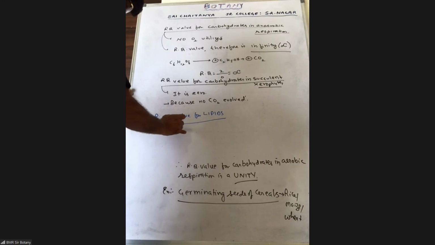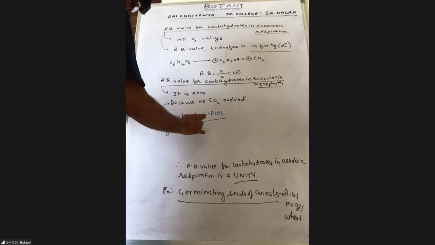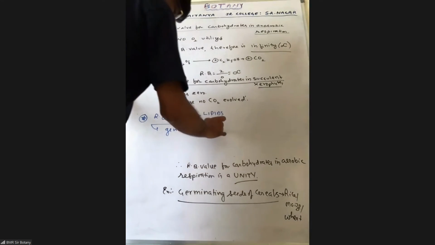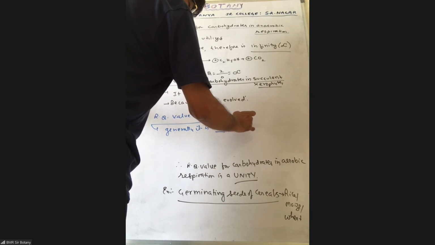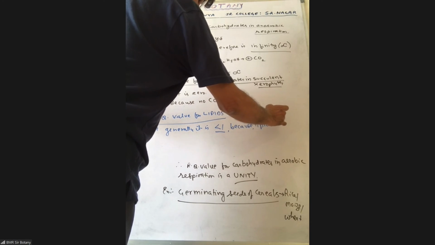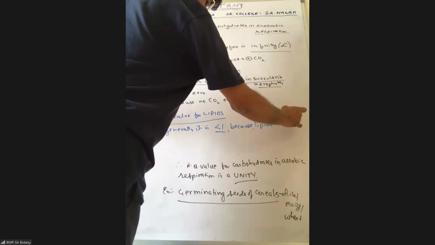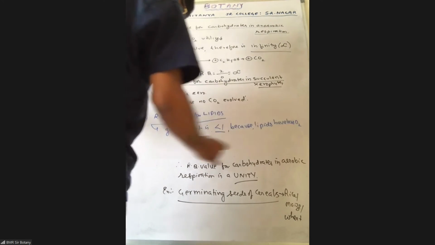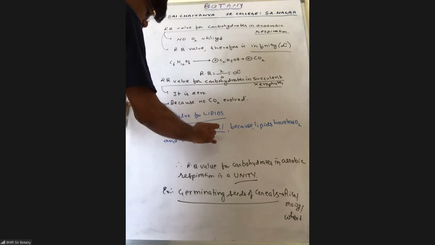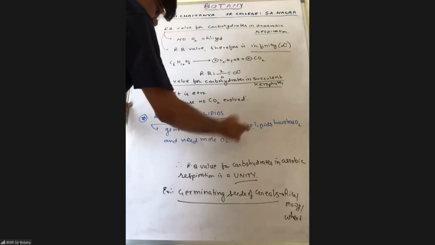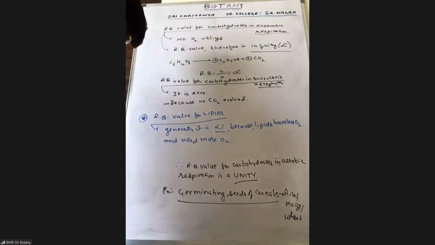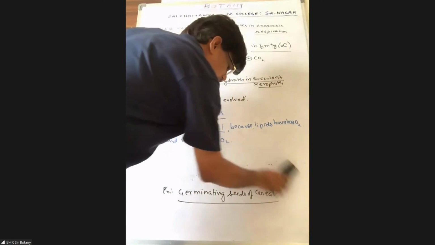Generally it is less than 1 because lipids have less O2 and naturally need more O2. When they are poor in oxygen, they require to be supplied with more oxygen.